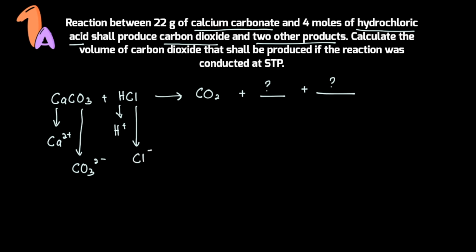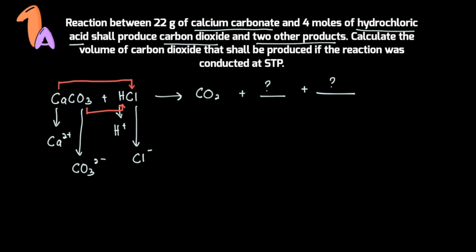Alright, so what we are going to do now is swap between the positive and negative between both the reactants. So the first one, Ca positive, must react with something negative from the other reactant, and you're left with CO3 negative, so it will react with something positive from the other reactant.